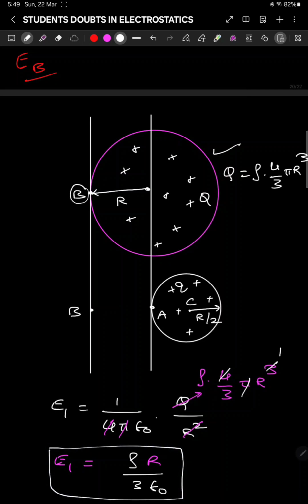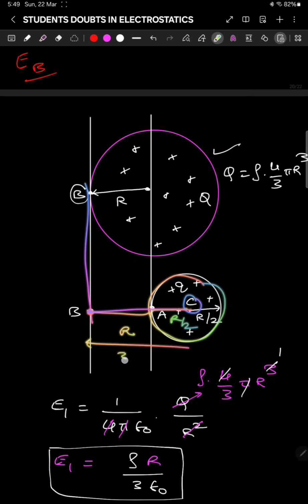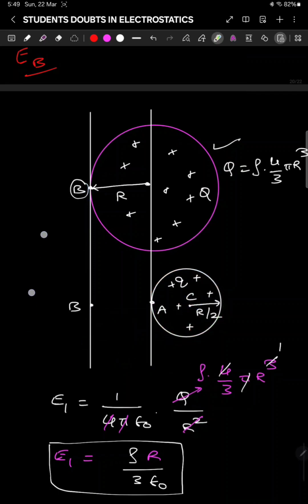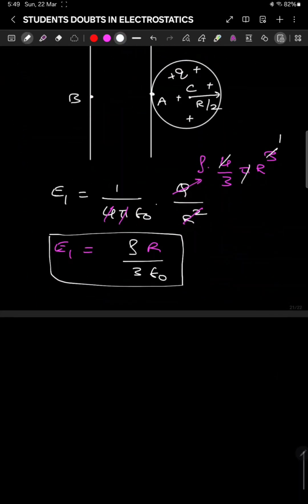Similarly, for the small sphere at the same point B, here electric field I want. This is R and this is R by 2. From this center to this point, the distance will be R plus R by 2, which becomes 3R by 2. So due to small sphere at 3R by 2 distance, here electric field I want. So E2 is the electric field outside of the small sphere. Formula becomes 1 by 4 pi epsilon naught Q by small r square.